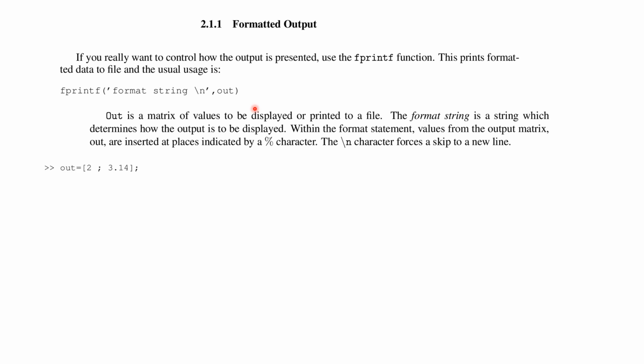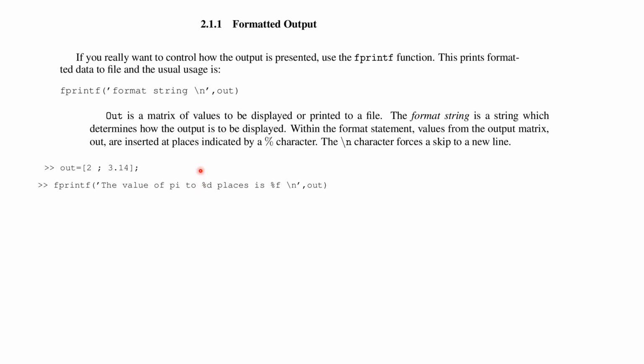You can make your own name, of course. So if I make a matrix, which in this case is just a column with 2 numbers in it, and I tell it fprintf, this is formatted data to file, this will appear in the screen. The value of pi2, first placeholder, and that D there indicates a digit.